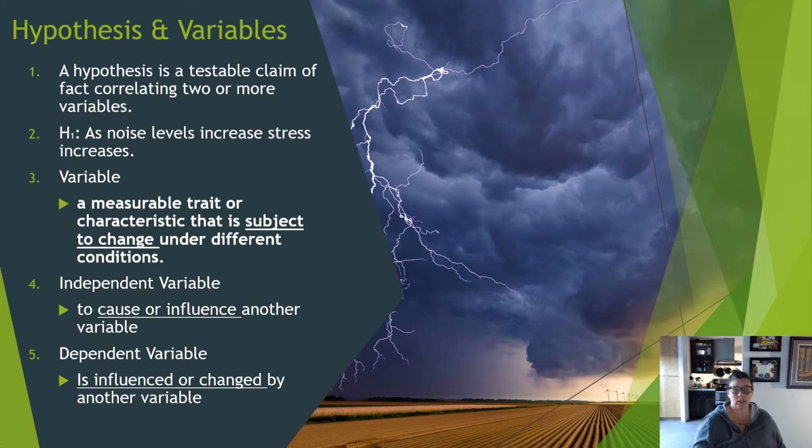If this was a null hypothesis or a non-directional hypothesis, same thing, it would be either there is no correlation between noise and stress, or there is a correlation between noise and stress.